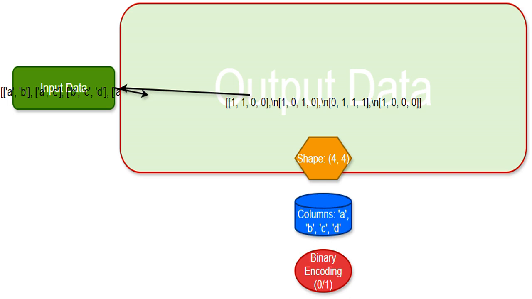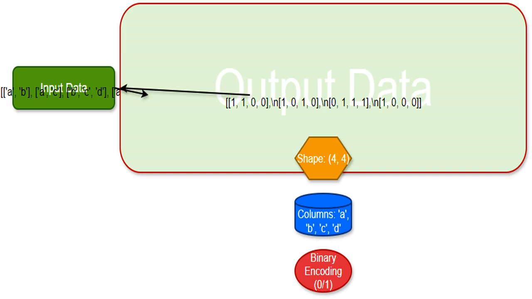Row 3, 0, 1, 1, 1, represents B, C, D, showing B, C, and D are present. Row 4, 1, 0, 0, 0, represents A, showing only A is present.